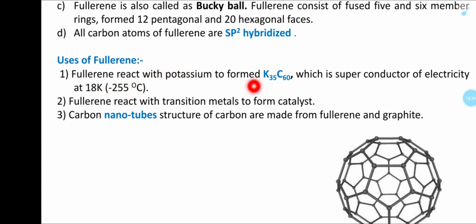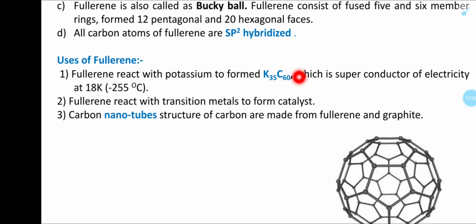This material may be used in space research to form conducting materials or electrical connections, and it shows conductivity up to that low temperature.